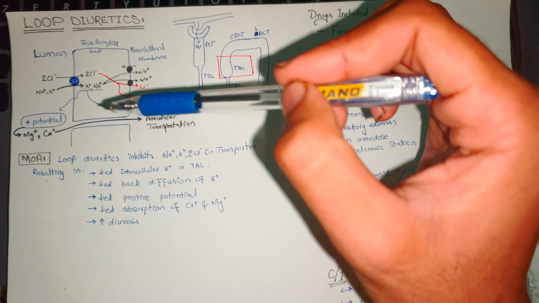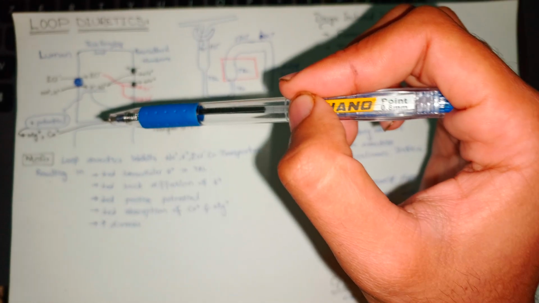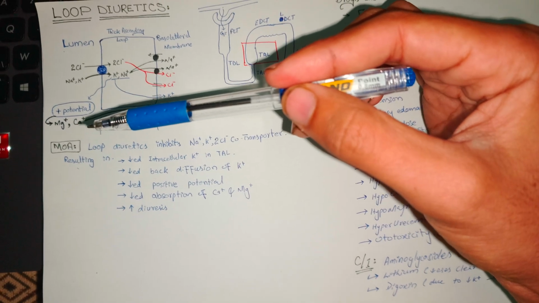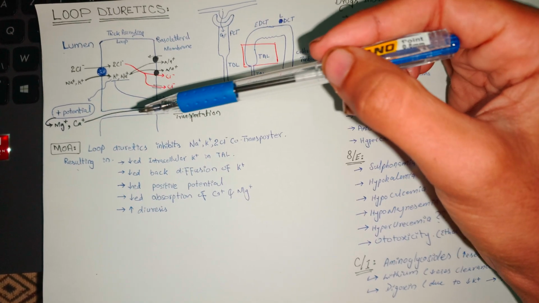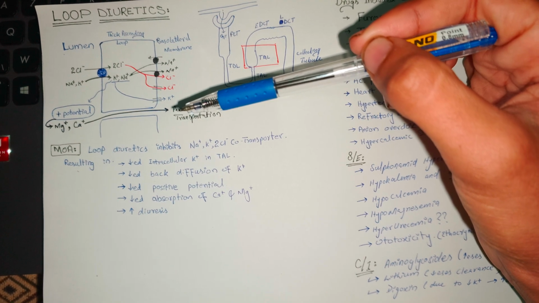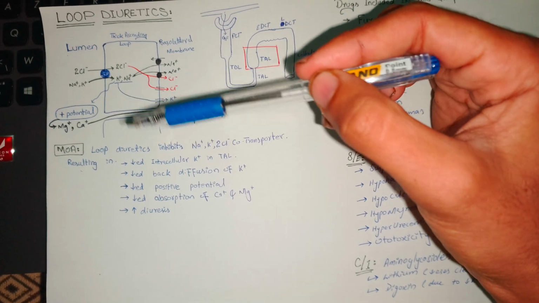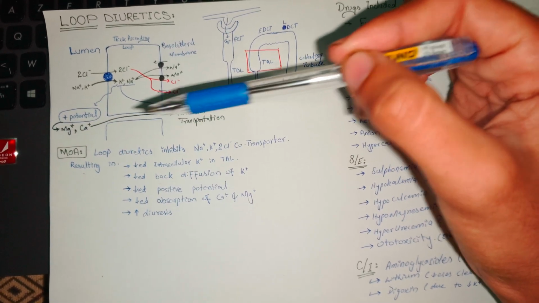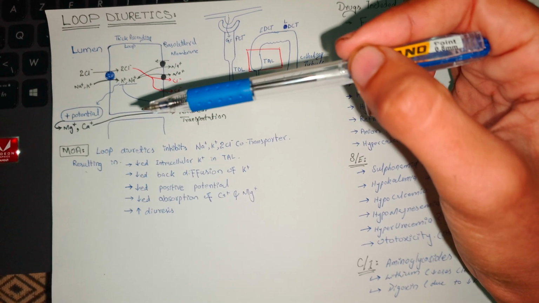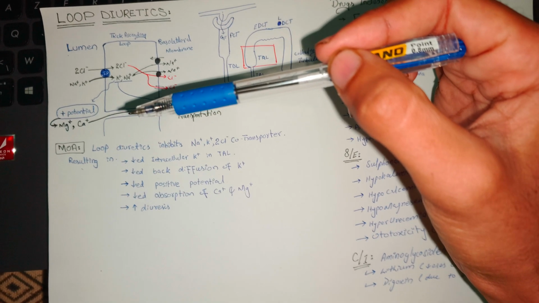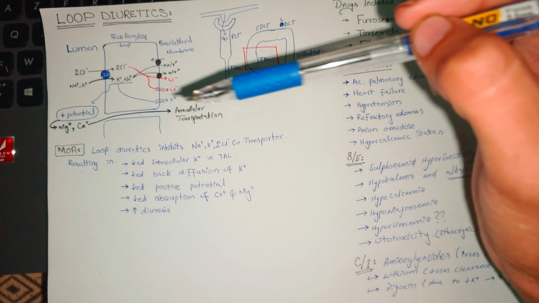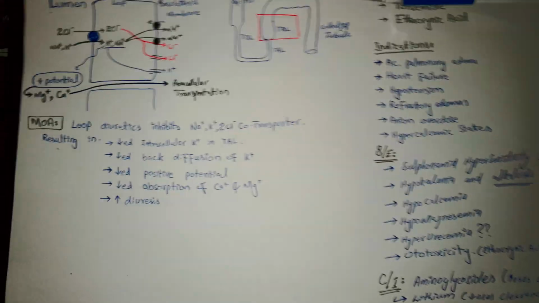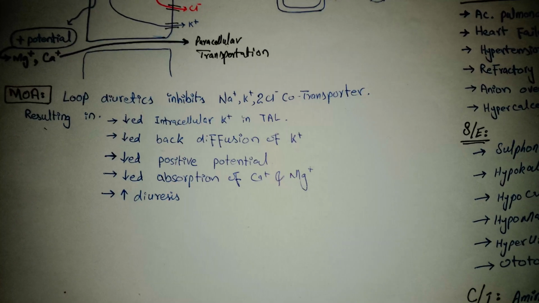This positive potential will drag the magnesium and calcium and take it to the basolateral membrane through the paracellular space. It is not a transporter, and this transportation of calcium and magnesium is called paracellular transportation. So now we will discuss the mechanism of action.